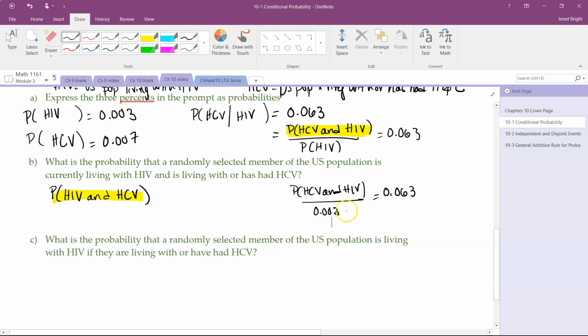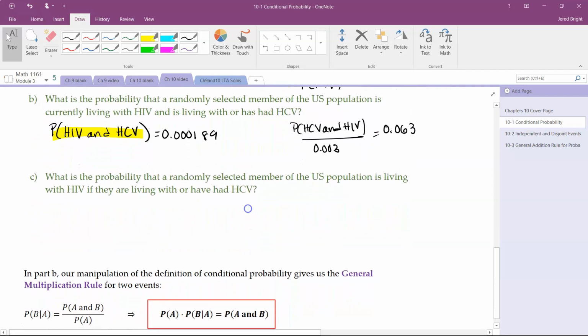And now I can just solve by cross multiplying, or multiplying both sides by 0.003. And if I do that, I get 0.000189. And yeah, very, very tiny percent. Okay, so there we go. This is a small number, but keep in mind there's 330 million people in the U.S., so it scales up a little bit. Okay, but nevertheless, we solved our problem.